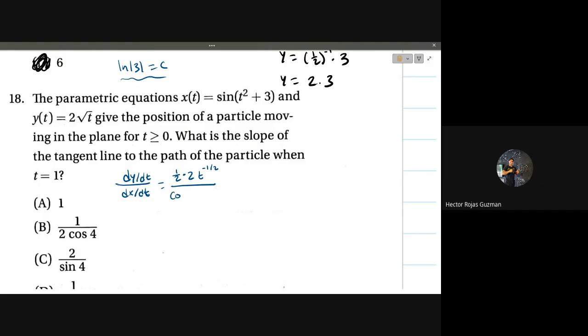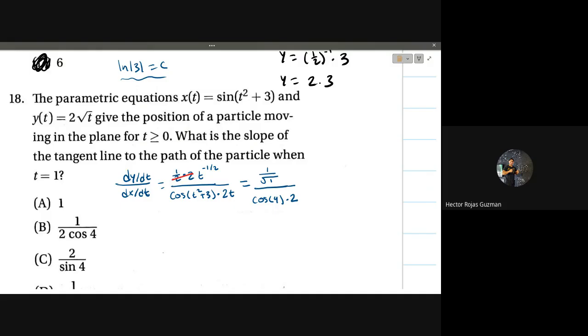We have cosine, apply the chain rule, times 2t. Okay, and you know what? I'm going to go ahead and plug in 1 already. These cancel each other out, leaving me with 1 over the square root of t. But like I said, I'm plugging in 1 already. Cosine of 4 times 2.